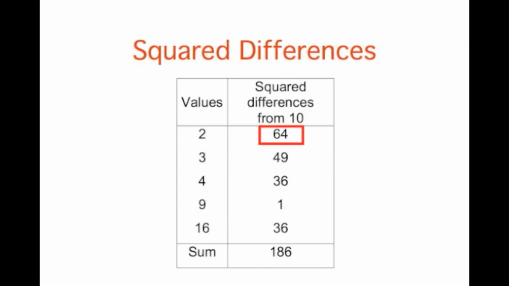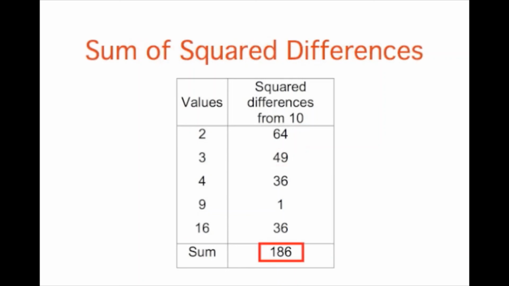The first row in the table shows that the squared value of the difference between 2 and 10 is 8 squared, which equals 64. The second row shows that the squared difference between 3 and 10 is 49, and so forth. When we add up all these differences, we get 486.